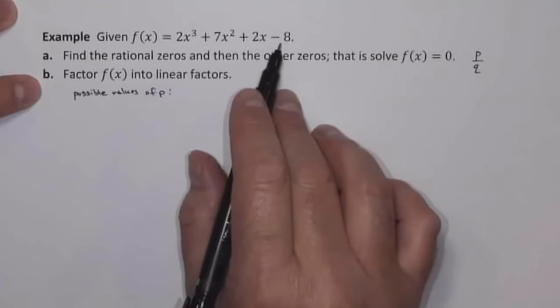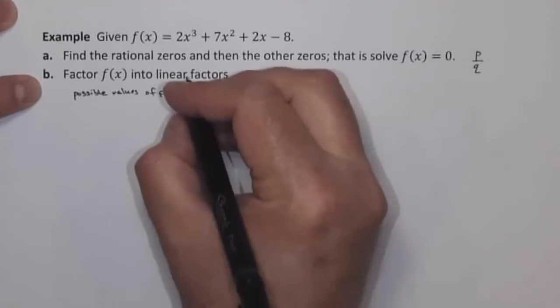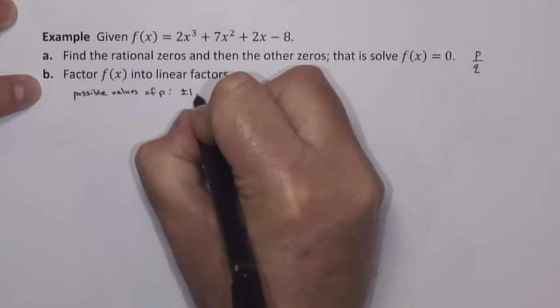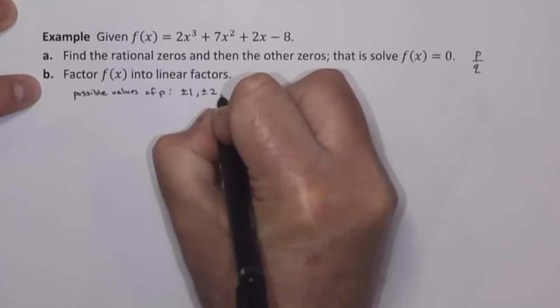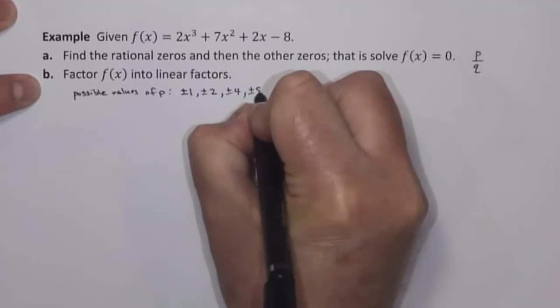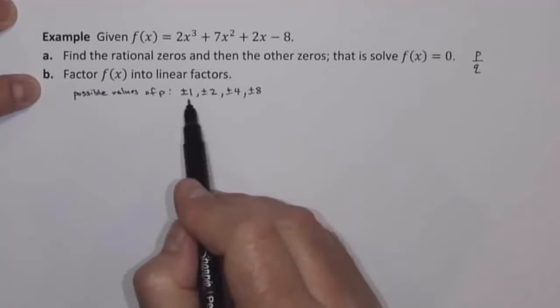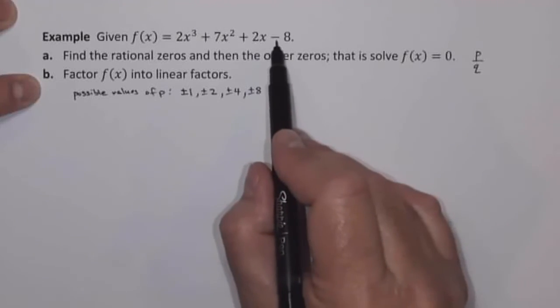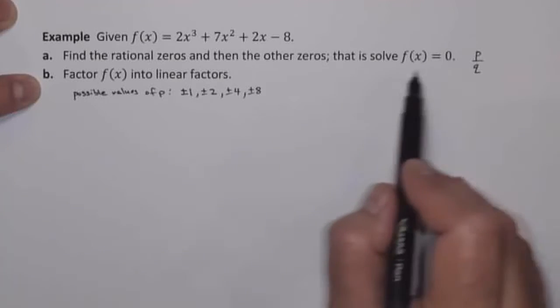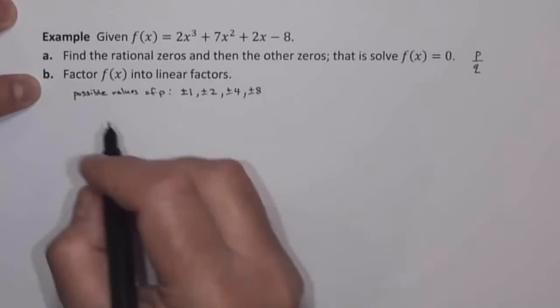So what can -8 be divided by evenly? Well, it can be divided evenly by either positive or -1, by positive or -2, by positive or -4, or by positive or -8. These are the only integers that -8 can be divided by evenly. So these are the only possible values of p.